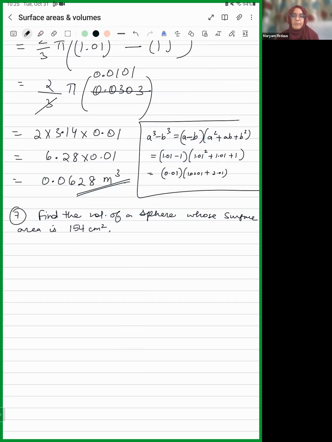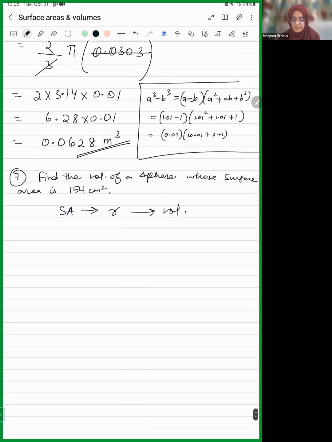Ma'am, then volume we need to find, right? How will we find it? Is there any formula that gives a relation between the surface area and volume of a sphere? There's no direct formula, right? You will have to, from the surface area given, find the radius, and from the radius you can find the volume.